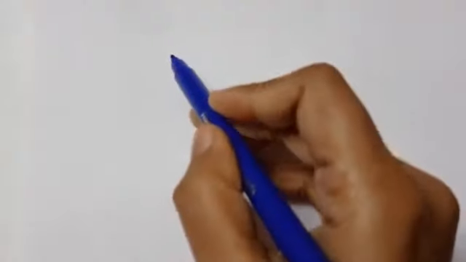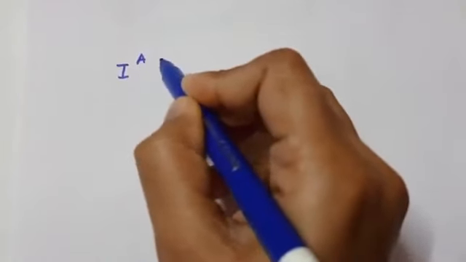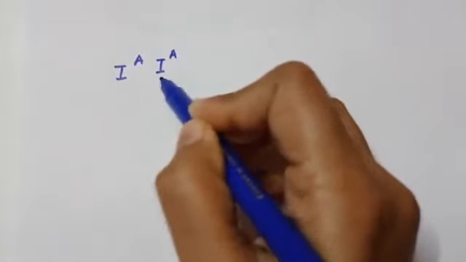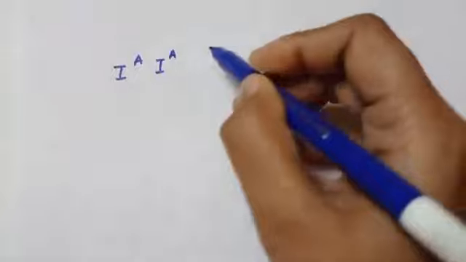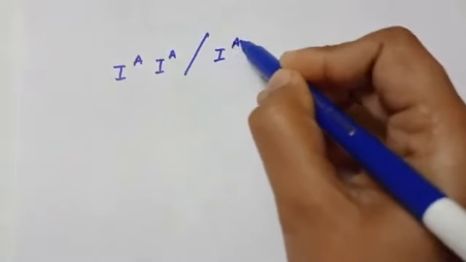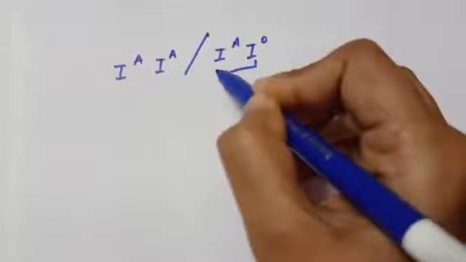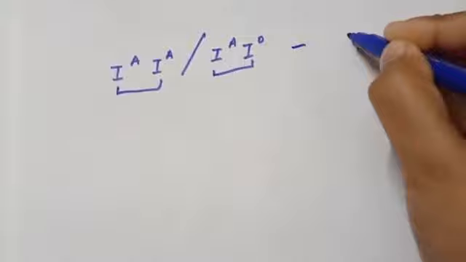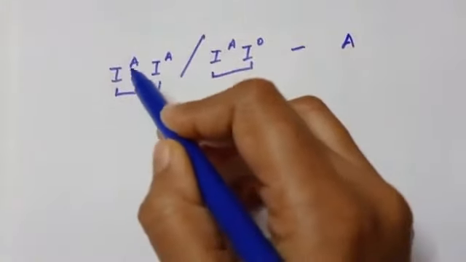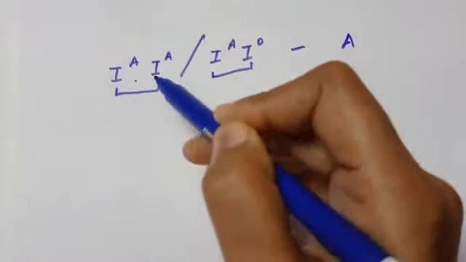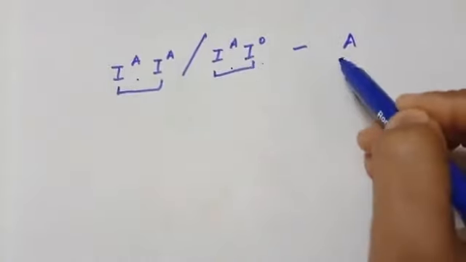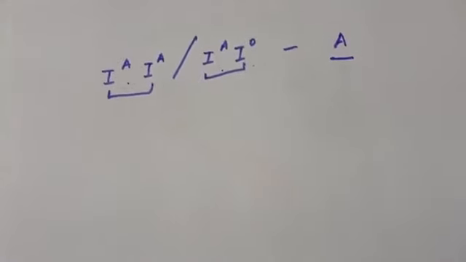So children, if I have IA IA or IA IO as the genetic code for blood group, then the phenotype for it will be A, because here A is dominant in any case, and O is recessive, so A will show its character. So the blood group will be A.